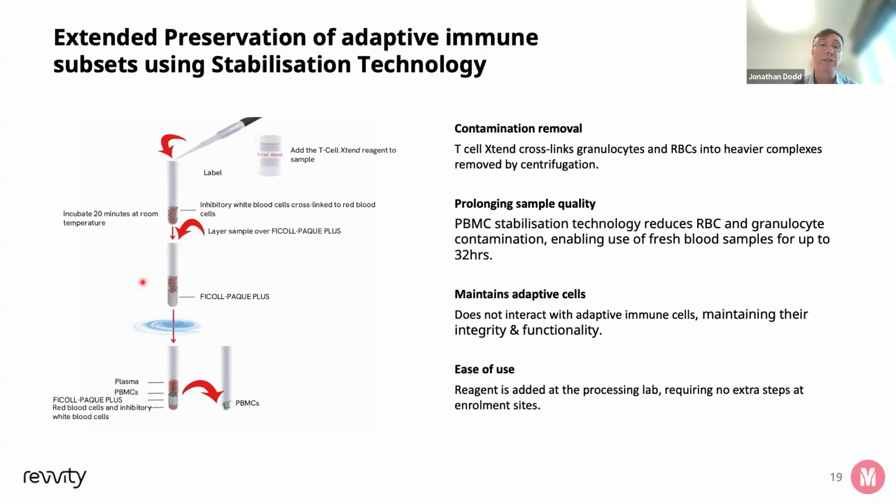One of its major advantages is that it doesn't interact with the adaptive immune cells, the T cells and B cells that are present in the sample, maintaining their integrity and functionality for measurement in downstream applications. As I said, it's used at the processing lab, so there's no requirement for training or extra steps at the enrollment sites.